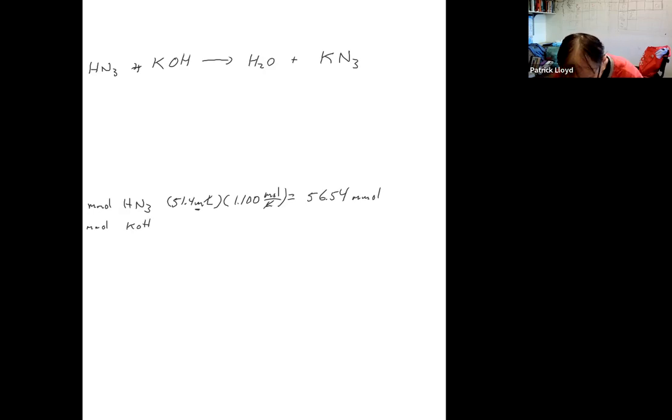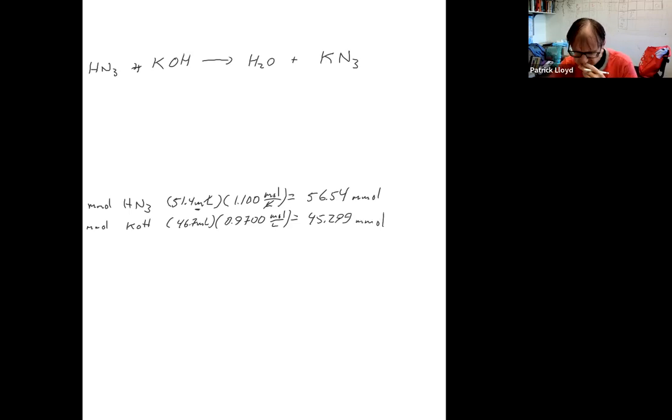So the KOH is 46.7 milliliters, and here the concentration is 0.9700 moles per liter. So 46.7 times 0.97, and you get 45.299 millimoles.